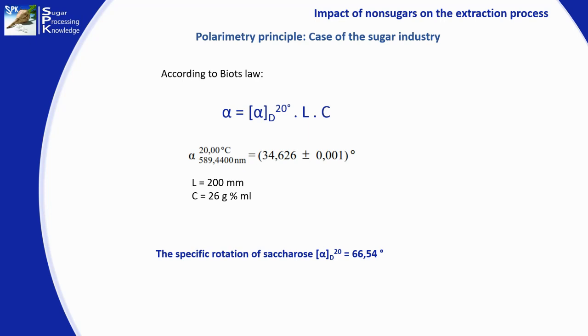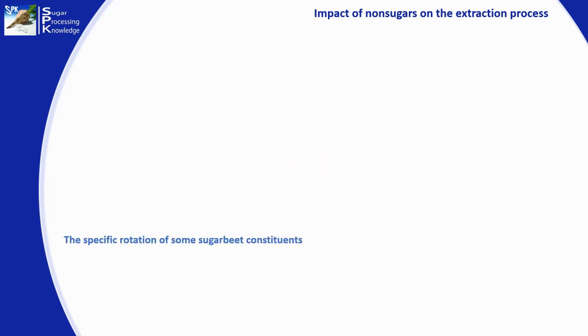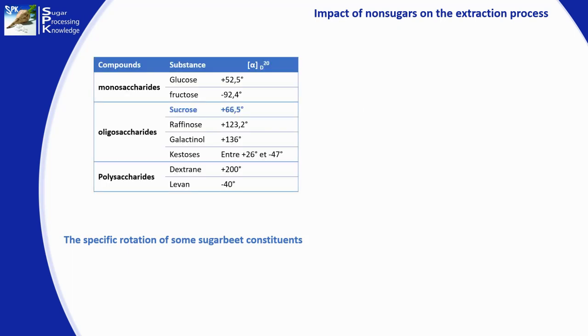Now, we will see the specific rotation of some constituents of beetroot. For the group of monosaccharides, glucose has a specific rotation of plus 52.5 degrees, fructose minus 92.4 degrees. Sucrose, as we have seen, has a specific rotation of plus 66.5 degrees. Raffinose has almost twice the rotation of sucrose, 123 degrees.